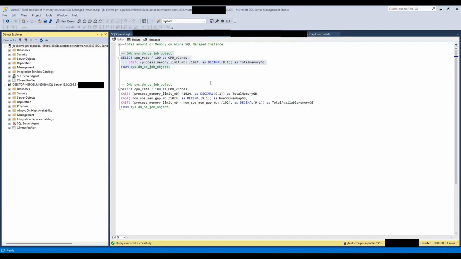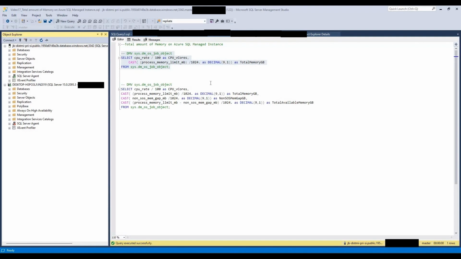As far as this particular DMV is concerned, this information is exposed through the column non_sos_mem_gap_mb, containing the reserved amount of memory in megabytes.